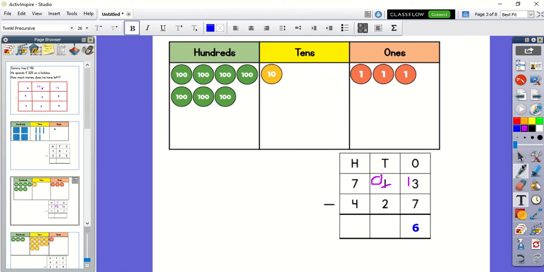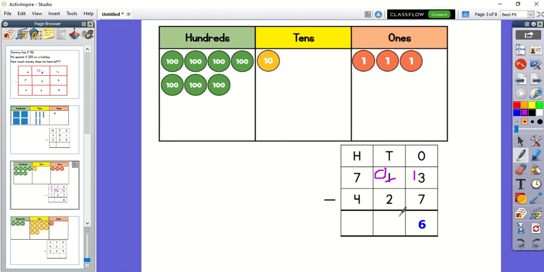Now, I've got no more 10s and I've got to do 0 take away 2, which I can't do. So let's borrow one of the hundreds. So I'm going to change that 7 to a 6. And now I've got another 10.